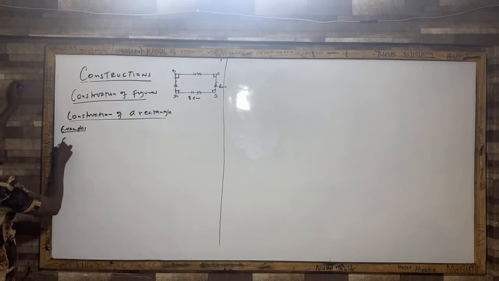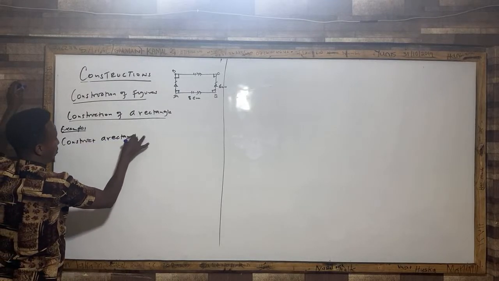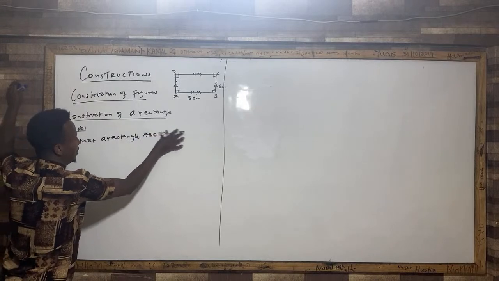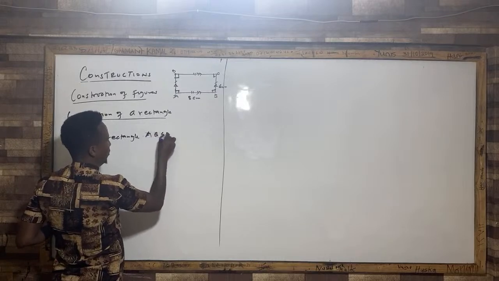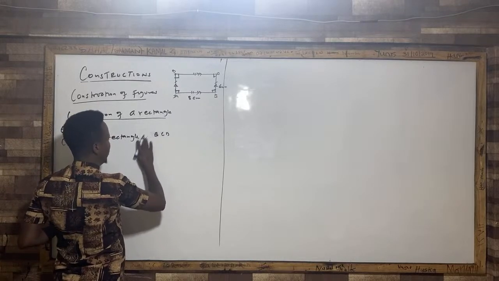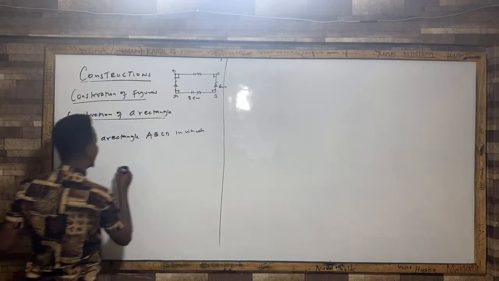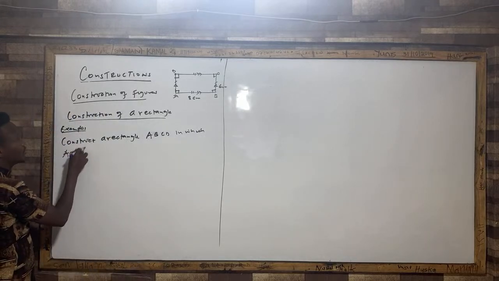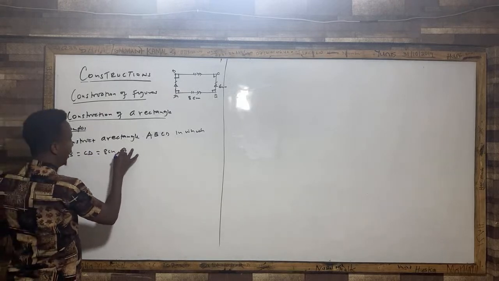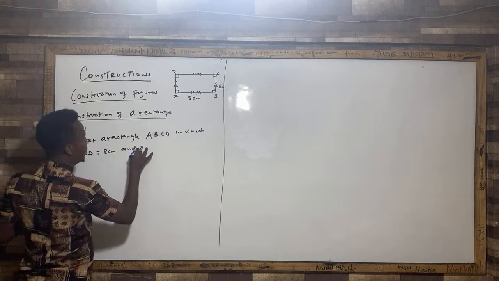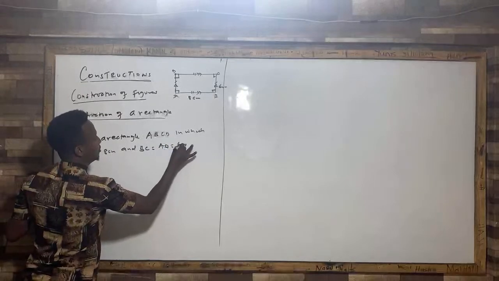Construct a rectangle A, B, C, D in which AB is equal to CD is equal to 8 centimeter, and BC is equal to AD is equal to 6 centimeter.